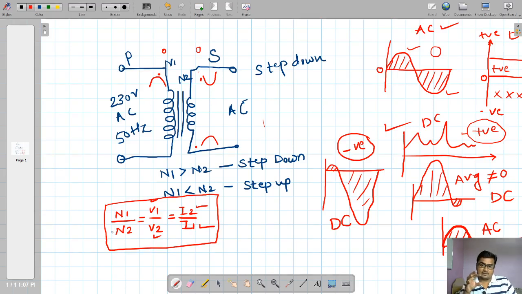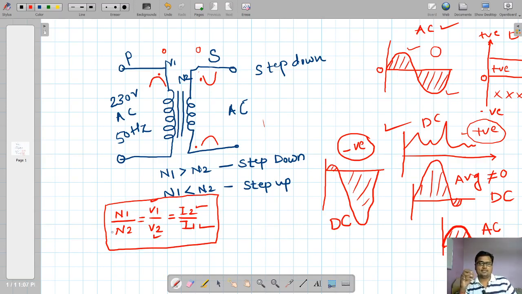of the transformer using a multimeter as well as a CRO. You are aware of the multimeter, you have handled it, and you even know what a CRO is. You have used that CRO in our lab. So multimeters and CRO are well known to you.